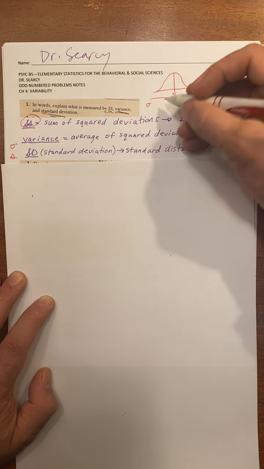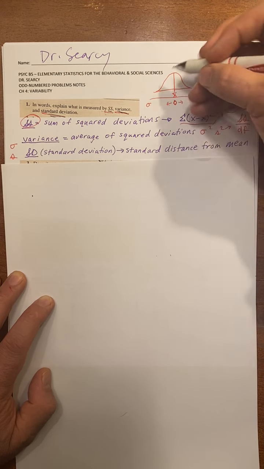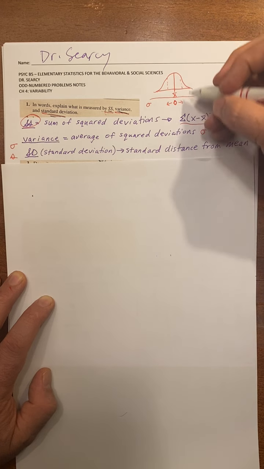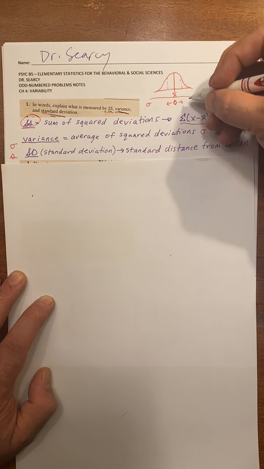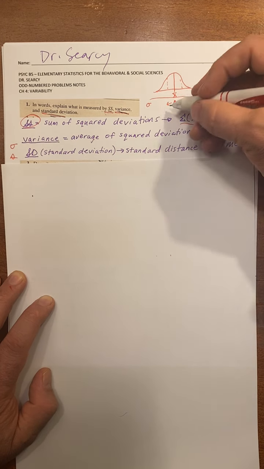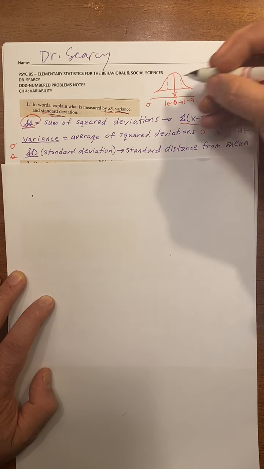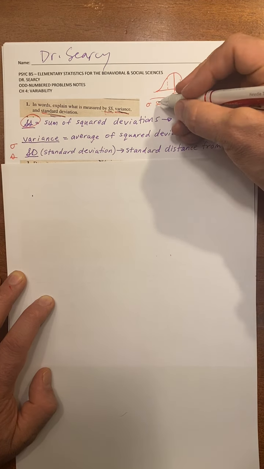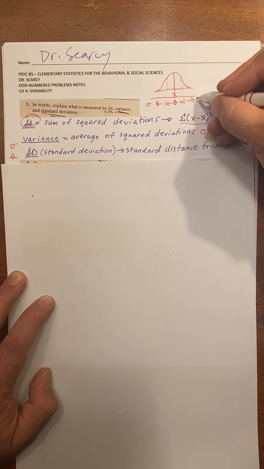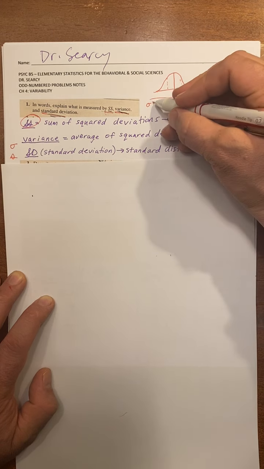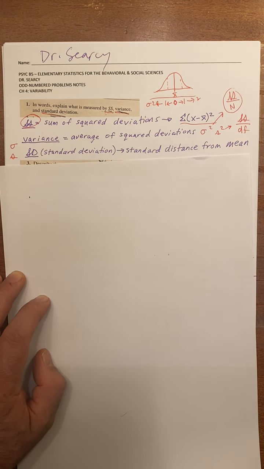And then from there, we're moving out a standard distance from the mean. As we move out a standard distance, we count it in terms of units, where that's one standard deviation unit away from the mean. And then as we move out further, we move out by ones, so the next standard deviation unit will be 2, and so on and so forth.